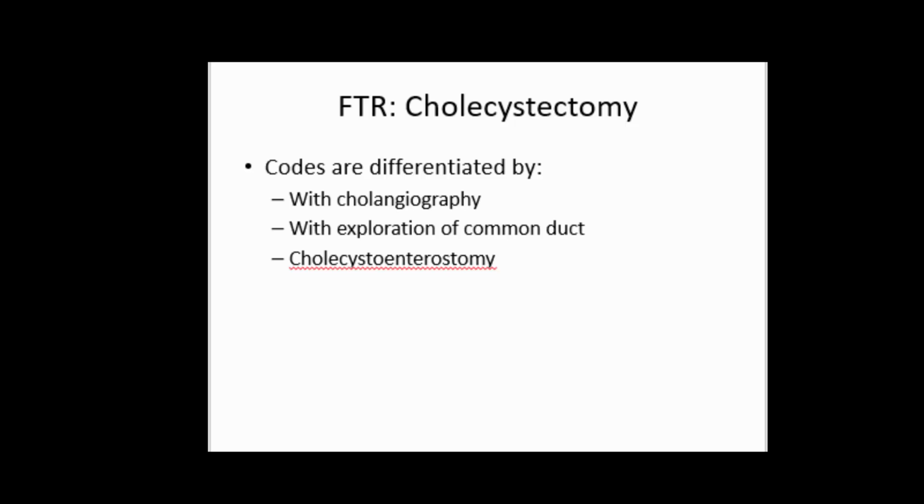Let's talk about cholecystectomy, which is the removal of the gallbladder. These codes are differentiated by with cholangiography, with exploration of the common duct, which is a bile duct, and a cholecystoenterostomy. We'll look at these individually.